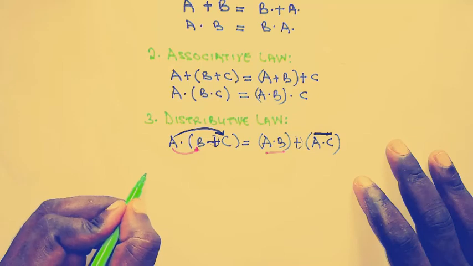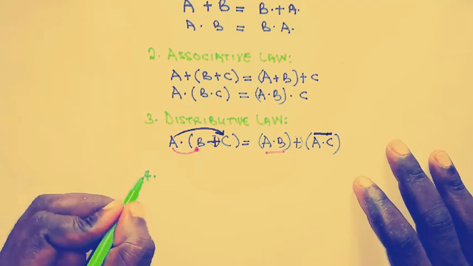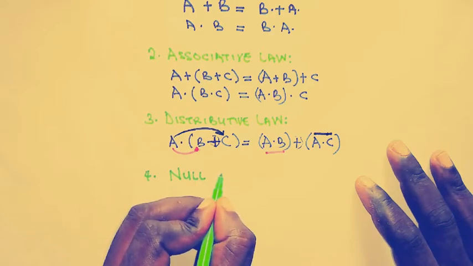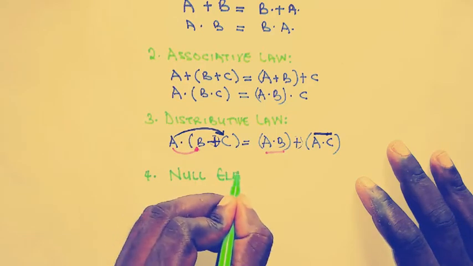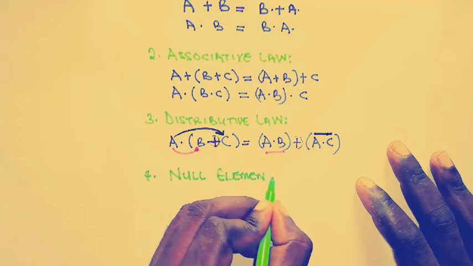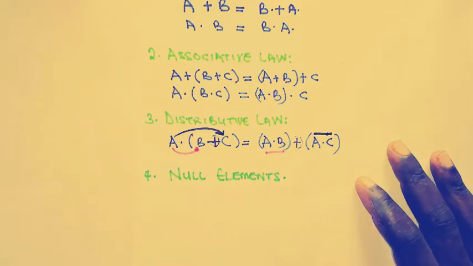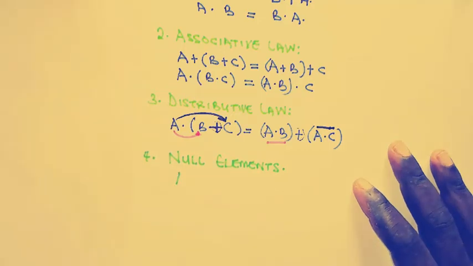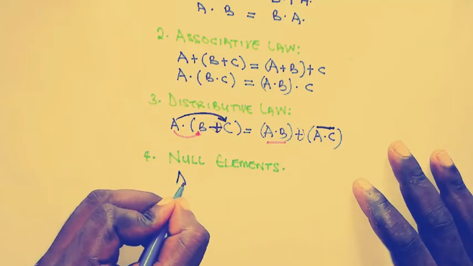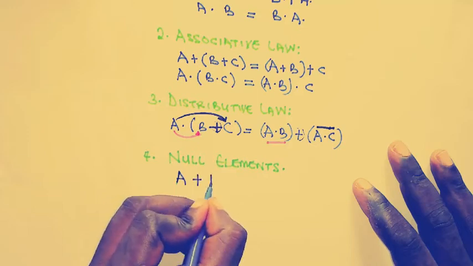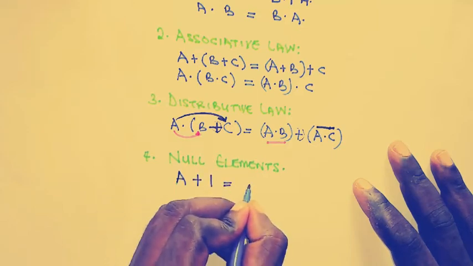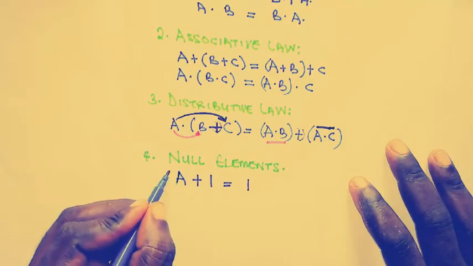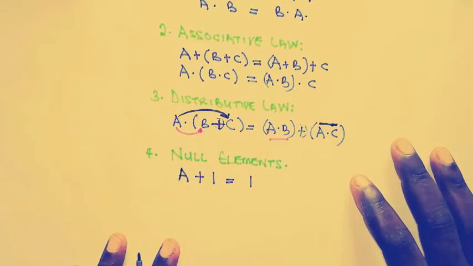The number 4 of these laws, the fourth one, is the null element. So if we have A, for example, as an element, and then we add it to 1, and then we achieve a 1 as the result, we know that A is a null element.